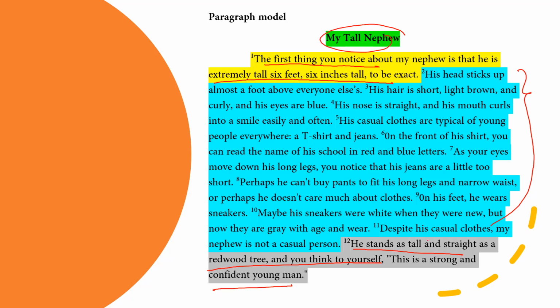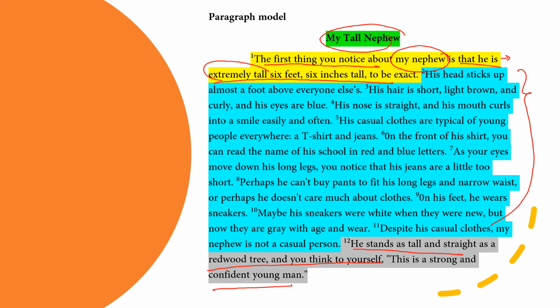He stands as tall and straight as a redwood tree, and you think to yourself, this is a strong and confident young man. So for the topic sentence, the writer tells us the topic, that is his nephew, and then he tells us the controlling idea, that is he is extremely tall.